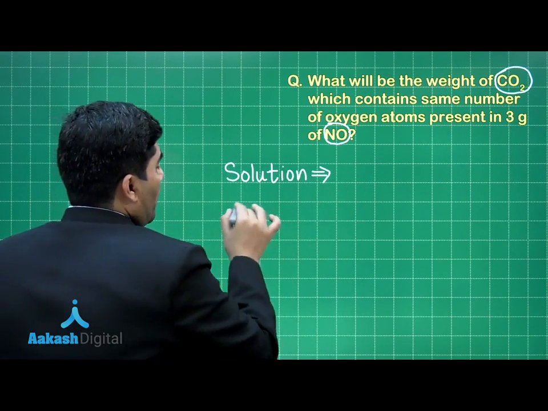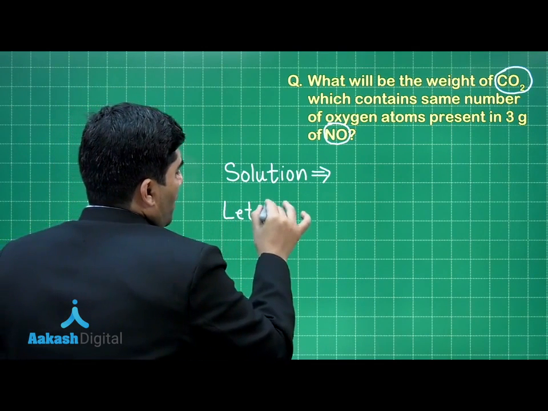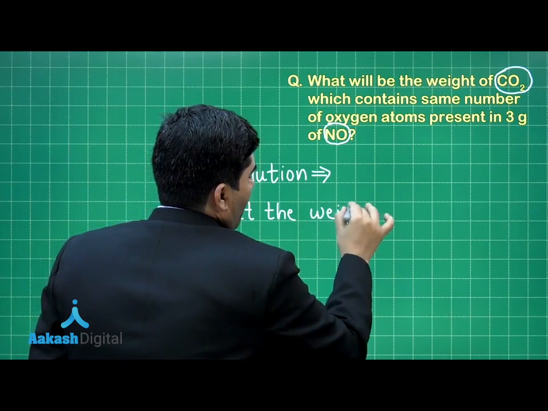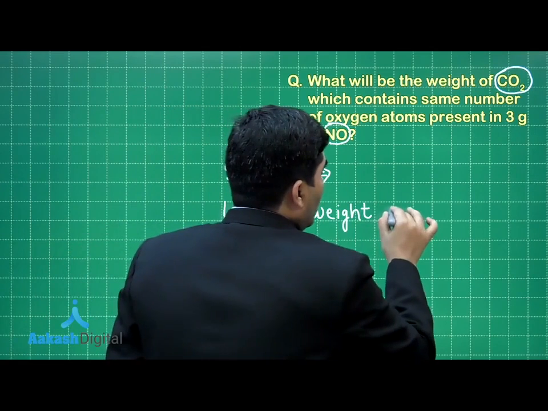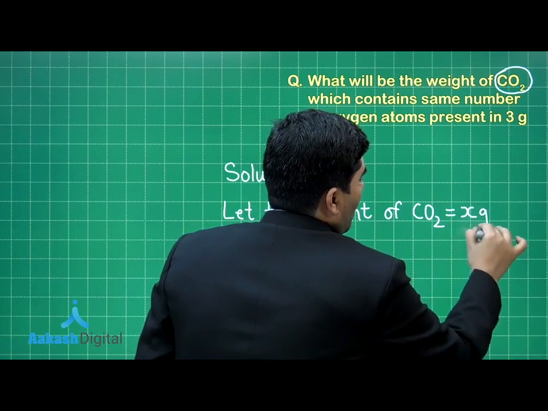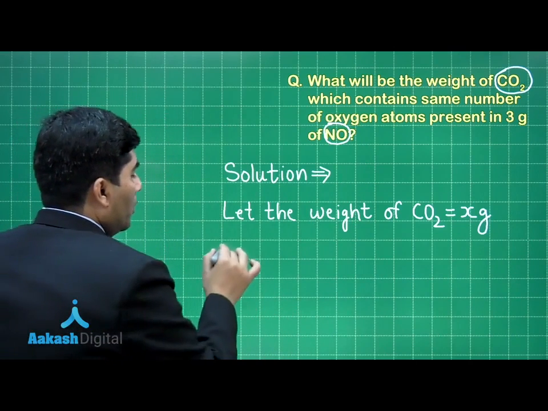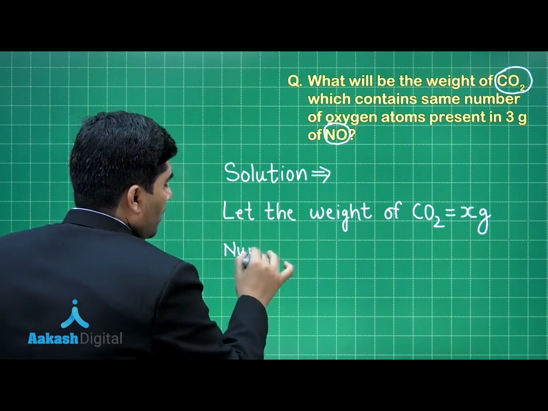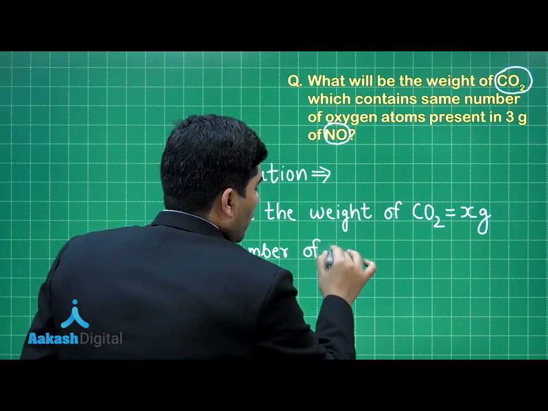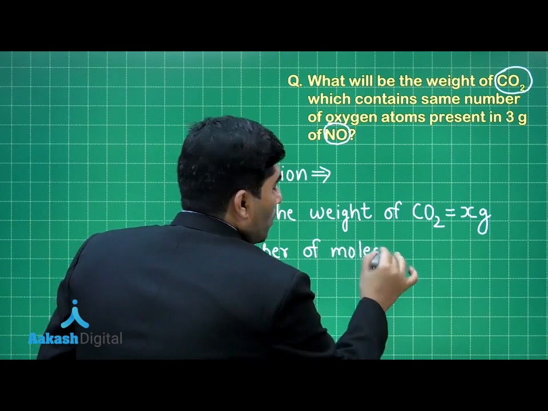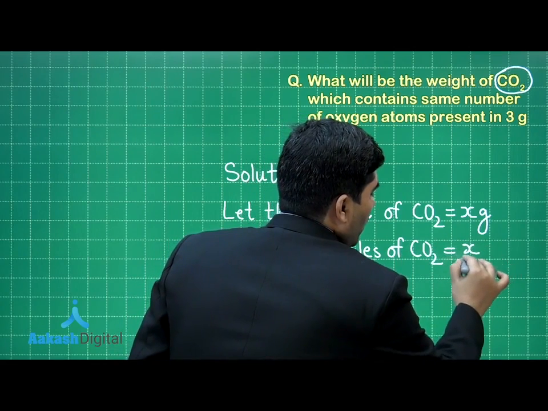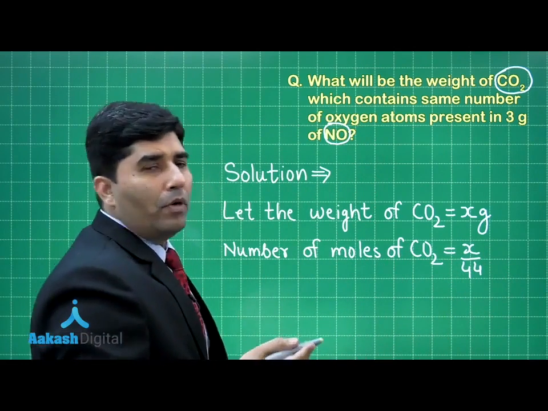Now, let the weight of CO2 be x grams. Therefore, the number of moles of CO2 will be equal to x upon 44, right?